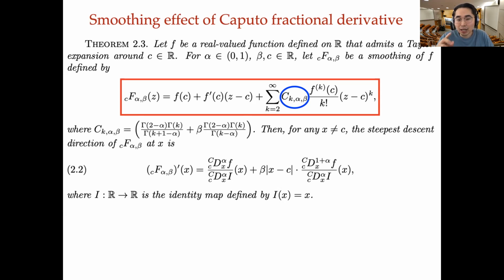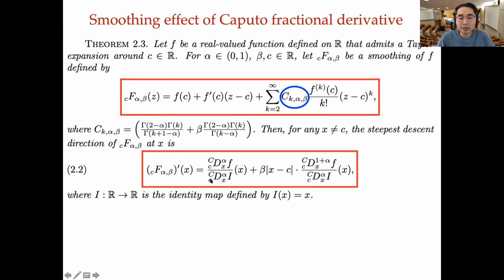How you choose alpha, the fractional order, and beta, the smoothing parameter, lets you define a new function, which is a smoothing of the original function. When you think of this as your objective function and apply gradient descent, this is the direction you get. This is the steepest descent direction of our smoothing at x.